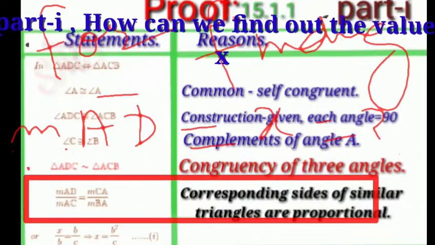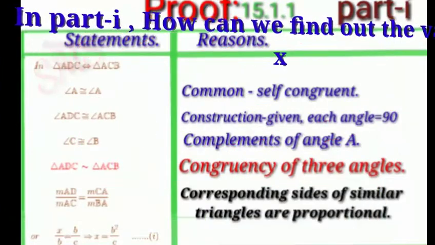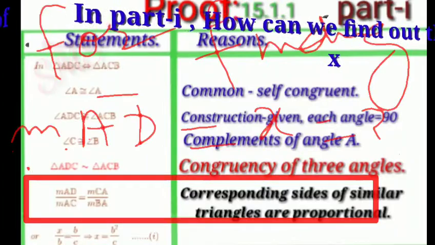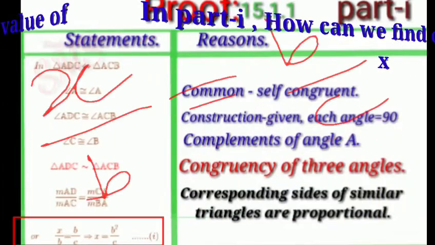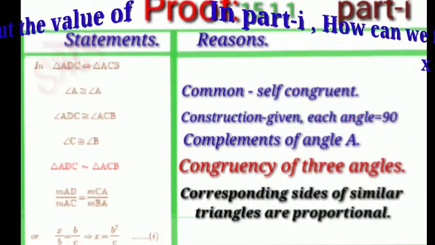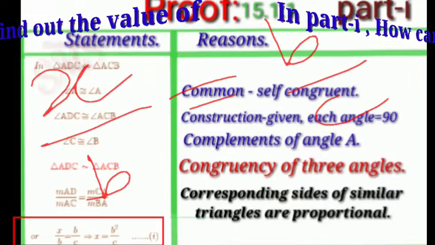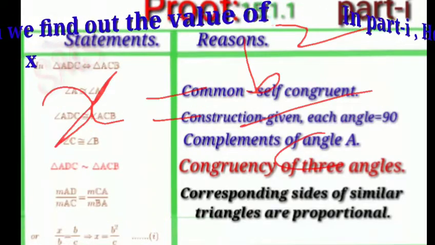For finding x, we use the equation AD over AC is equal to CA over BA, or x over B is equal to B over C, which implies that x is equal to B square over C.